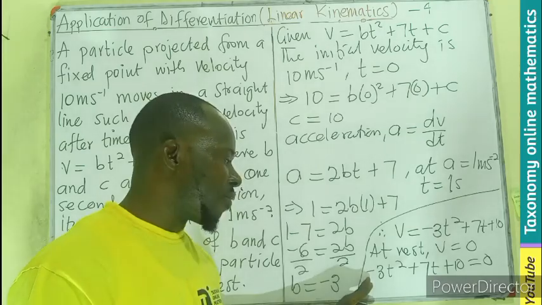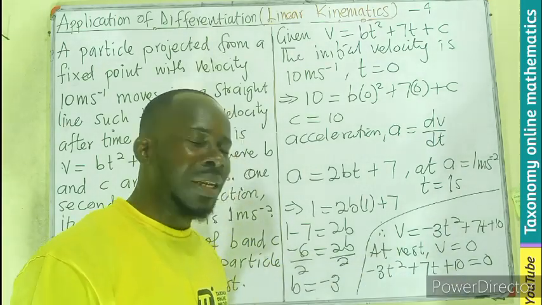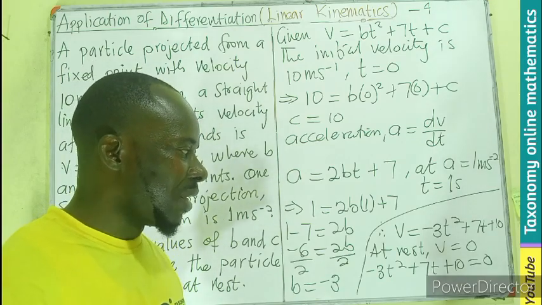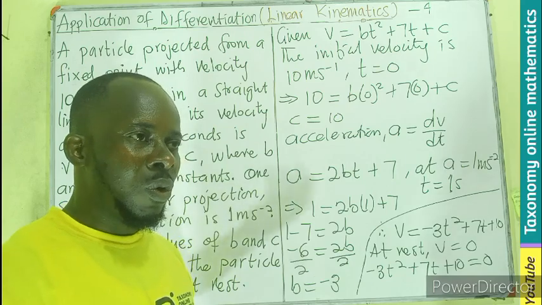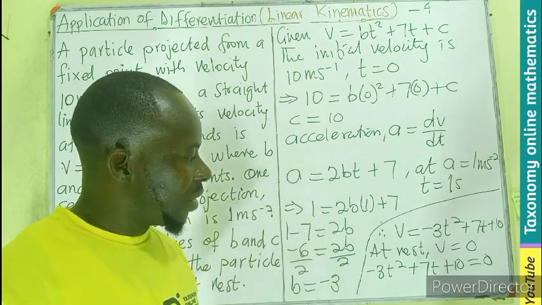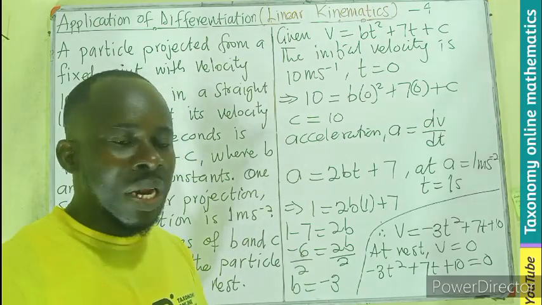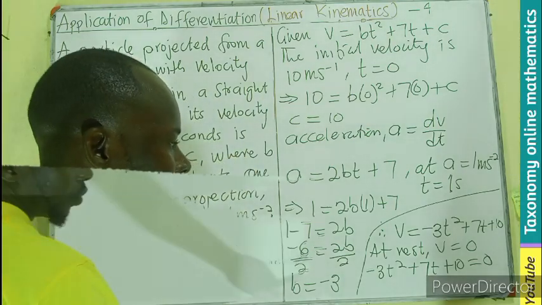We multiply the negative 3 by 10, that will be negative 30. We are looking for factors of negative 30 which, when you add, give positive 7. So we can have 10 and 3, where 10 will be positive and the 3 will be negative.